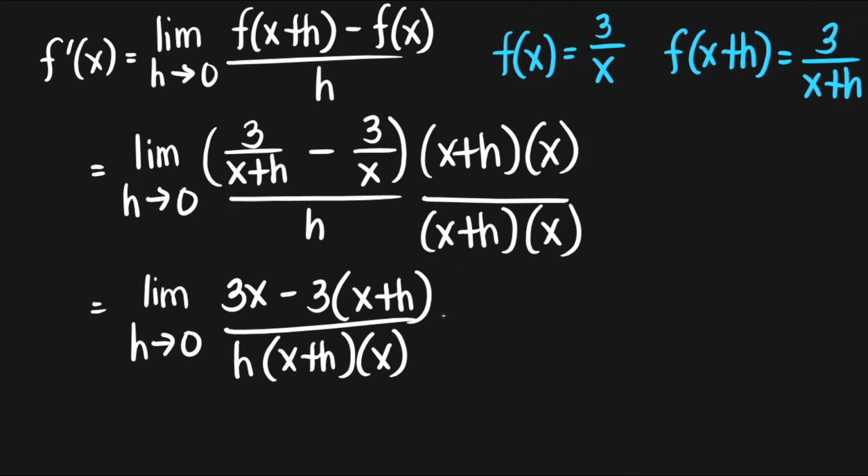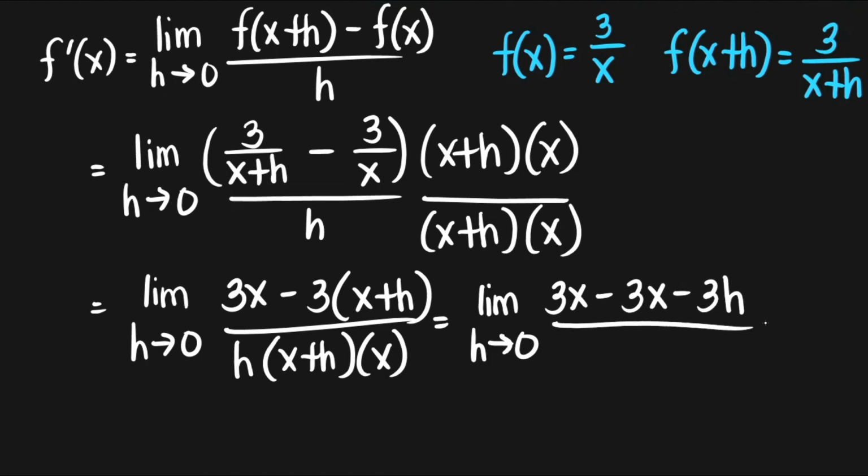F prime of x should be equal to the limit as h approaches 0 of 3x. Distribute negative 3, we have minus 3x minus 3h all over h times x plus h times x. 3x minus 3x will add up to 0, leaving behind negative 3h on the top.